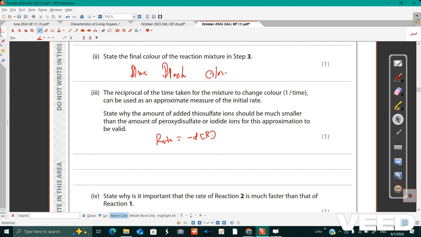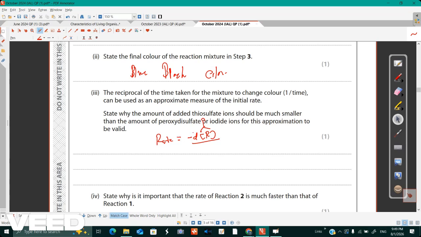Why? The final concentration minus the initial is negative, because the reactant concentration is decreasing, so the difference will be negative. If we write the difference as it is, the rate becomes negative. So to make the value positive, we add the minus sign, otherwise the rate becomes negative.